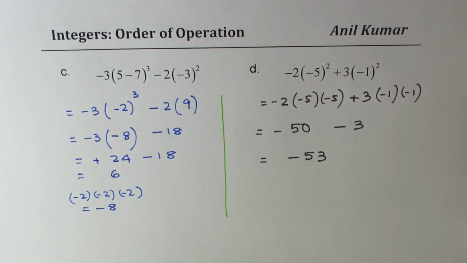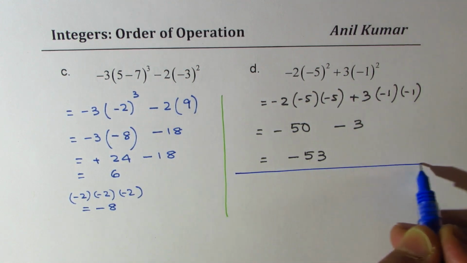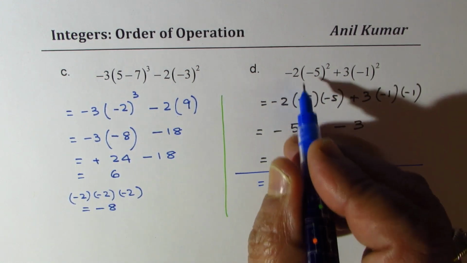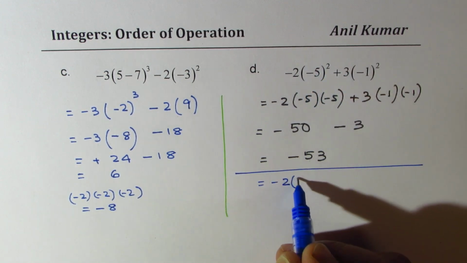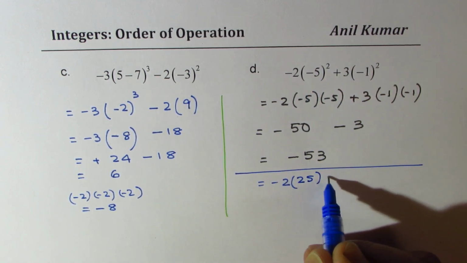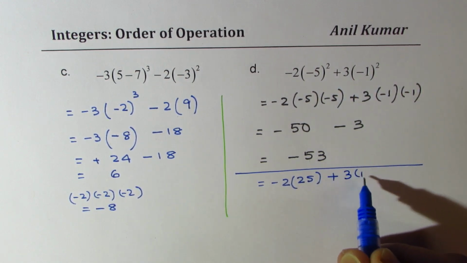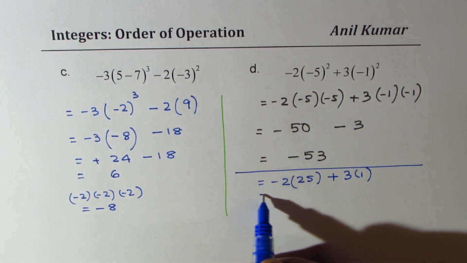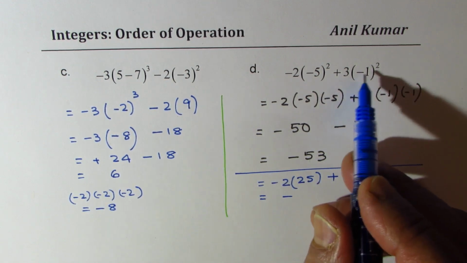Correct? So you could do it like this. So there are many ways we could approach. We could have done it like this also. We could write this as minus 2 times (-5)^2, which is 25, right? Positive. Plus 3 times 1, right? And that gives you minus 50, because this is positive.